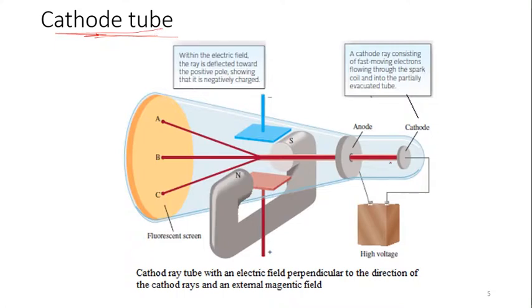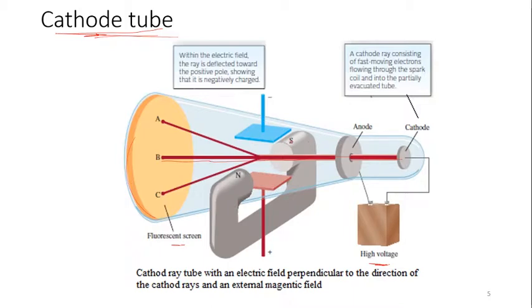They used the cathode tube, where this cathode tube has a high voltage connected to a cathode and the anode. When this high voltage is applied, the cathode ejects particles that travel at high speed to hit a fluorescent screen. This fluorescent screen lights up when it is hit by the beam ejected from the cathode side.